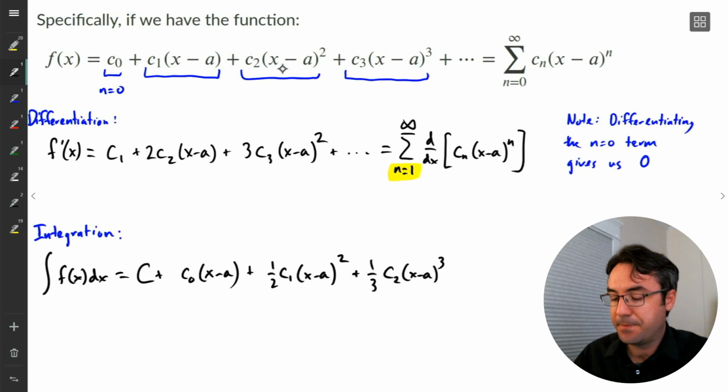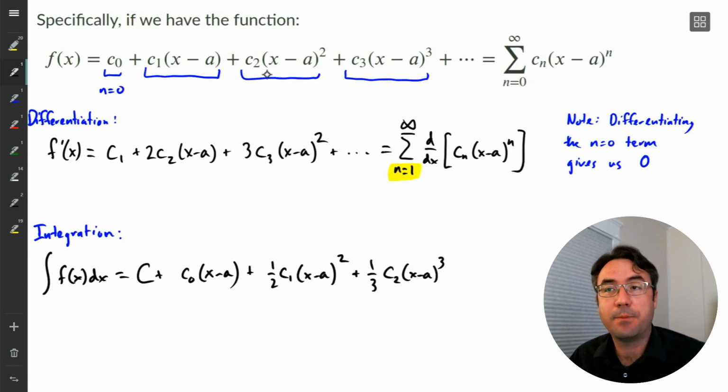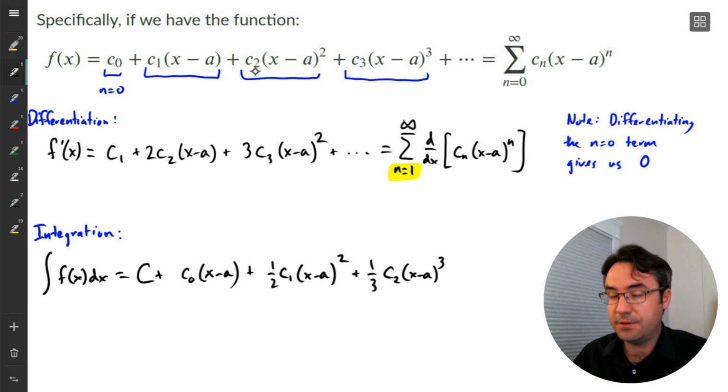Essentially what we're doing here is we're taking the power function x minus a and just doing power rule. So we add 1 to the exponent, takes us up to 3. Take that new exponent, flip it, put it in front. So that's how we're getting the 1/3 in front. And then the coefficient is just a constant, so that just stays the same. And we just keep doing this, going term by term.